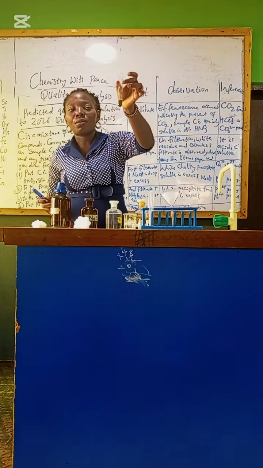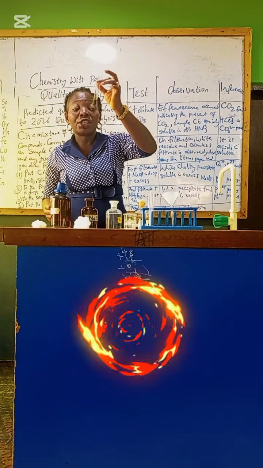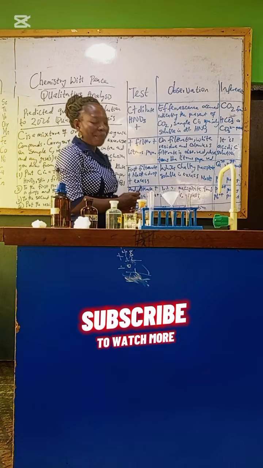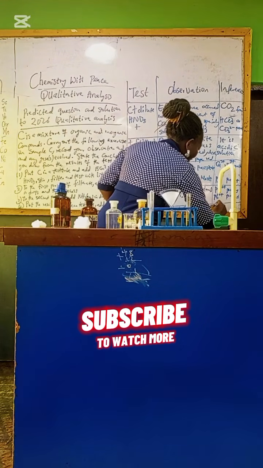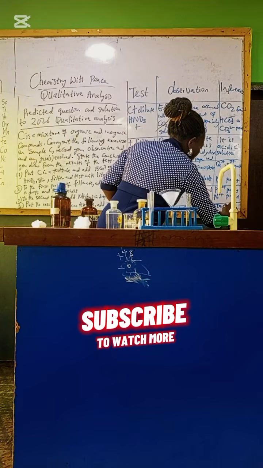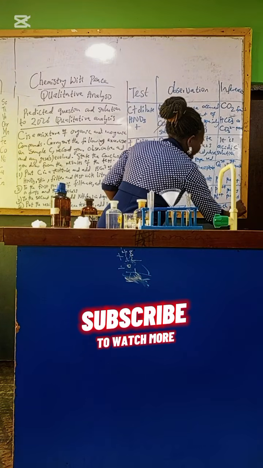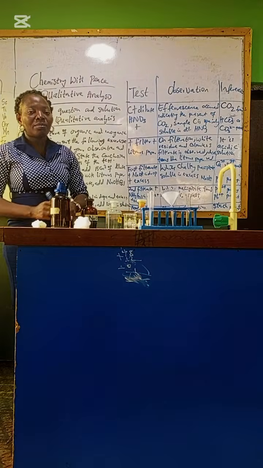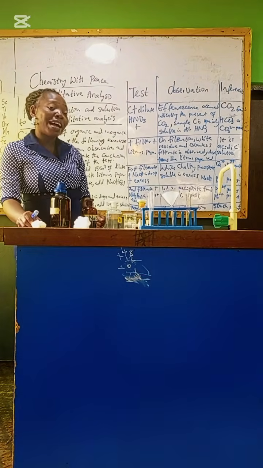Can you see it? We have blue-black coloration formed, and then in our inference, starch present.